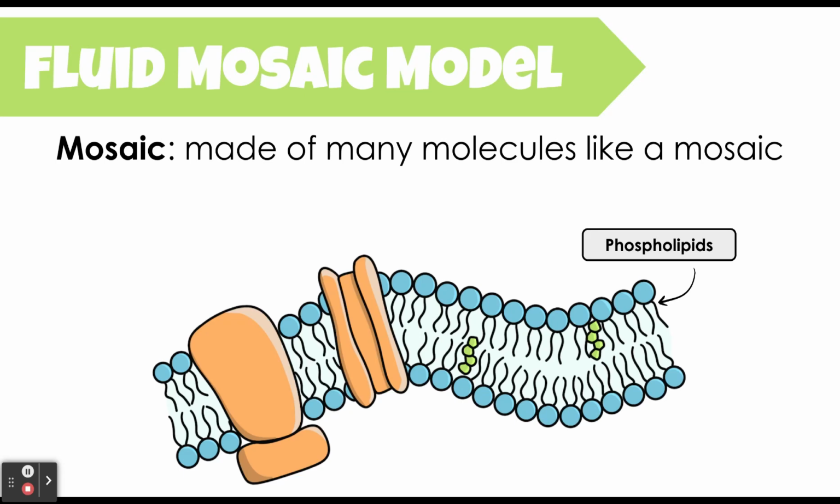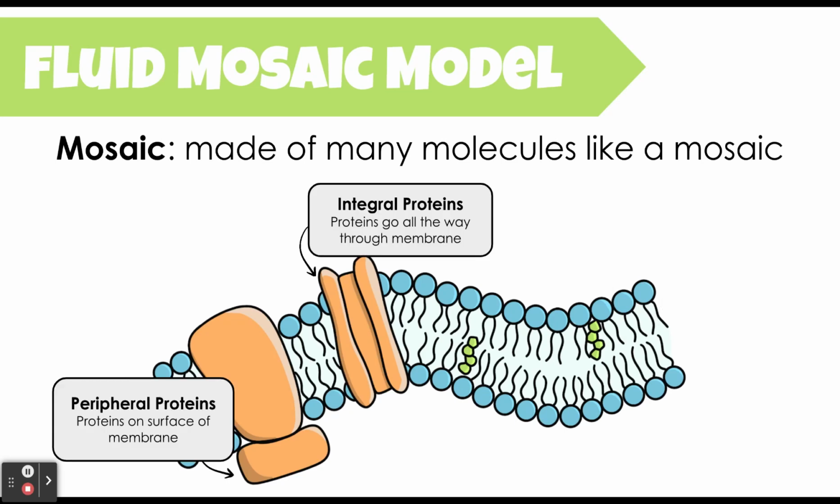Well, your cell membrane is like a mosaic in the sense that it's made up of many different molecules. There are many things embedded within your cell membrane. Obviously, we have the phospholipids that make up the bulk of your cell membrane. However, there are also proteins embedded within or on the exterior of your cell membrane.